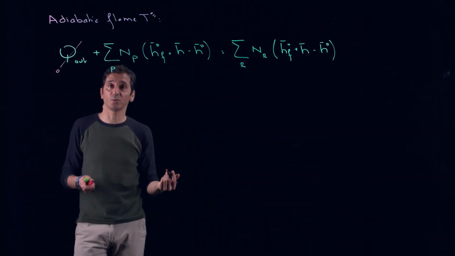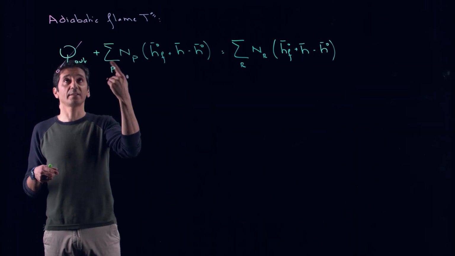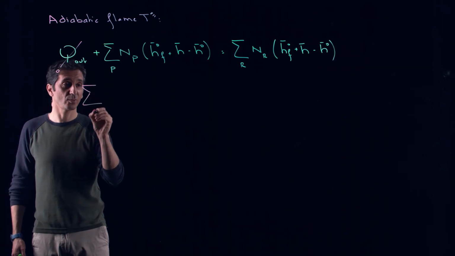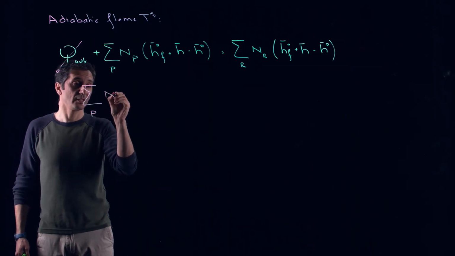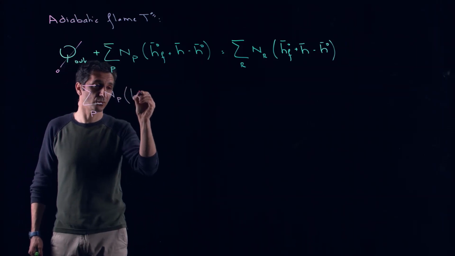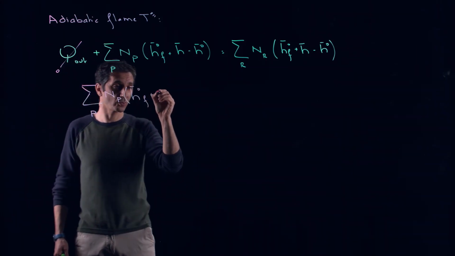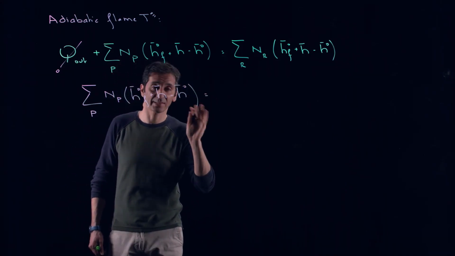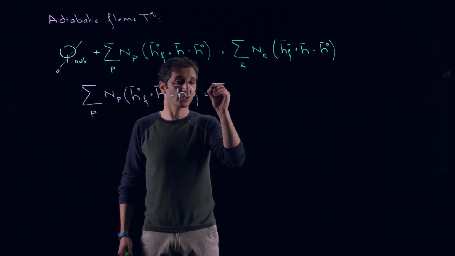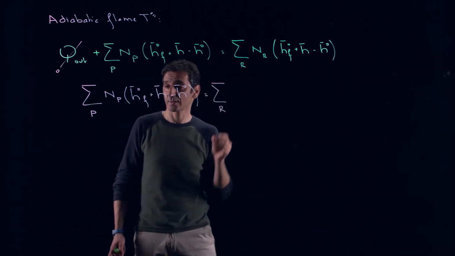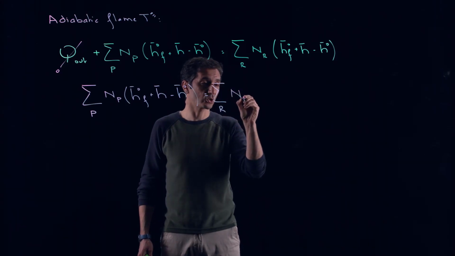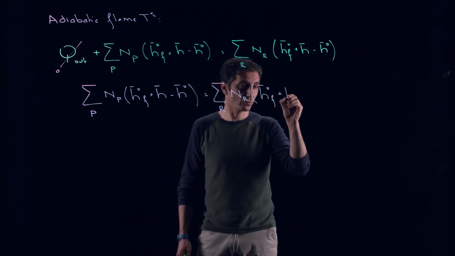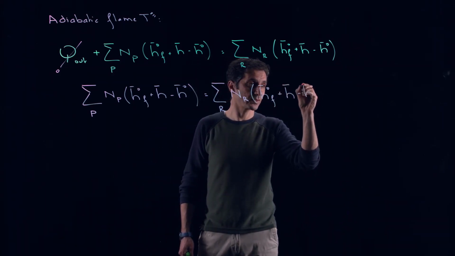And this leads us, to get the adiabatic flame temperature, to simply calculate the summation over all the products of NP, enthalpy of formation plus actual enthalpy minus our reference enthalpy, which will be exactly equal to the summation over all our reactants of the number of moles of each reactant times the enthalpy of formation plus the actual enthalpy minus the reference enthalpy, right?